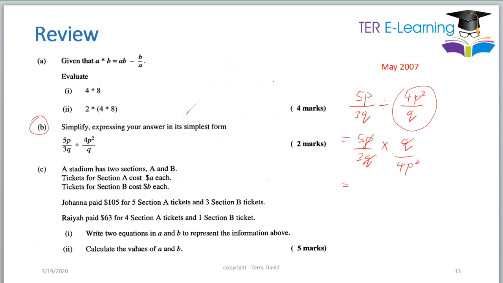This p will go into this one time. So my final answer will be 5 over 3 multiplied by 4, which is 12p. So the answer is 5 over 12p. So when I simplify my expression, that's what I'm going to get.